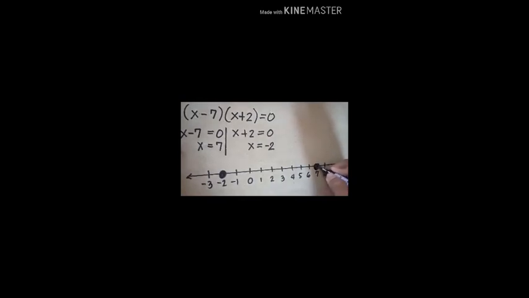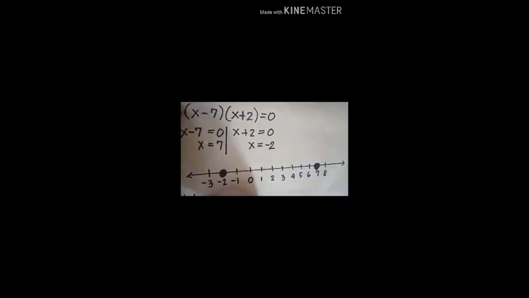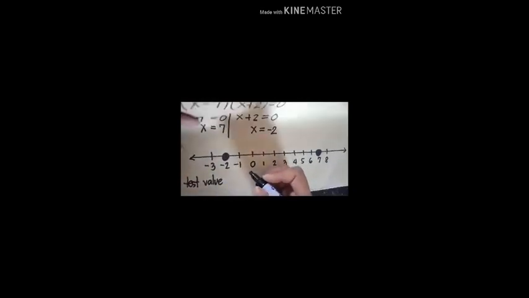Okay? So, nahati sa tatlong region yung number line natin, kukuha tayo ng representative from each region. So, let us have our test points or test values. Some refer to test values or test points as the critical points. So, we have here numbers that are less than negative 2. So, let us use negative 3. Sa middle region or region in between negative 2 and positive 7, let us use 0.